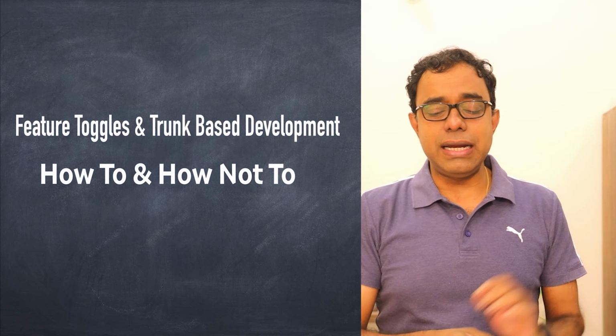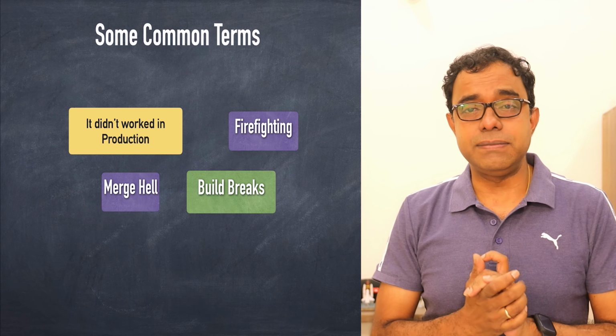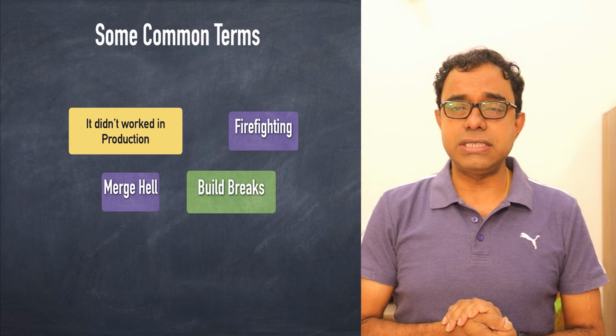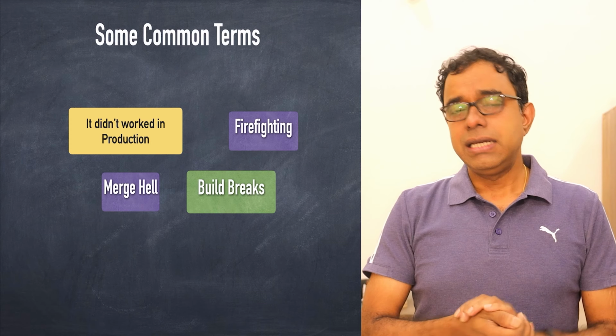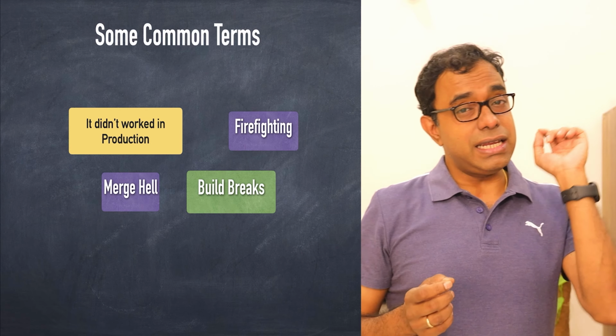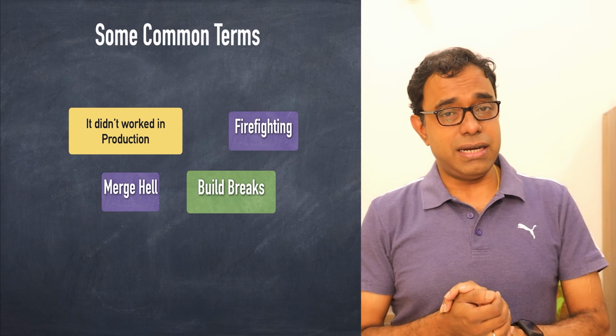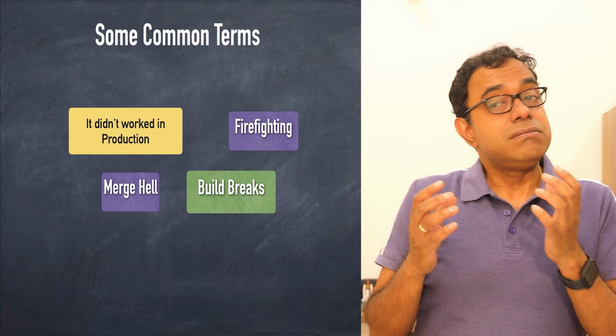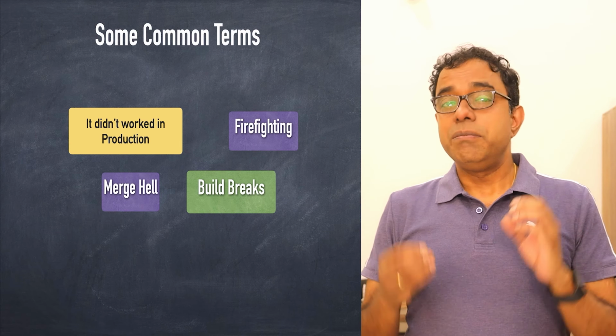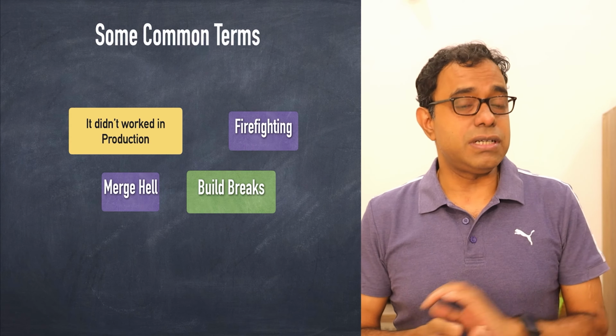But before I go ahead, let me introduce you to some common terms. It didn't work in production, firefighting, merge hell, build breaks. I do not believe that there is any software company on this planet which has not experienced all of them, or at least most of them, right? People keep on saying that it didn't work in production.